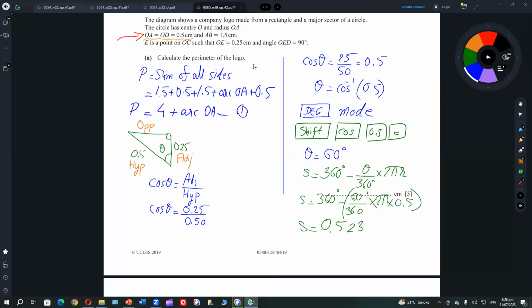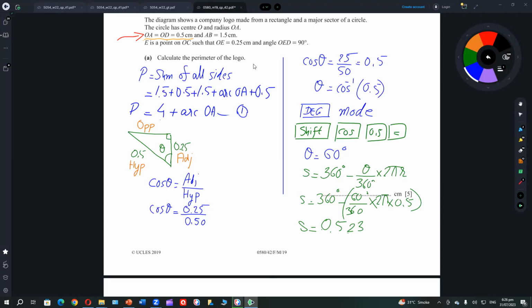I have a question. It was 360 minus angle divided by 360. So first solve the bracket. 60 upon 360 is 1 upon 6 into 2 pi. Sir, why did you put it in a bracket? Otherwise, when you type in a calculator, you can make a big mistake. Brackets are there to save it.